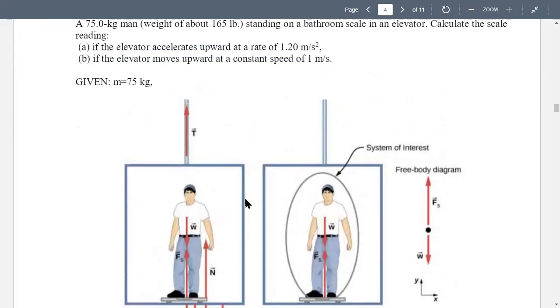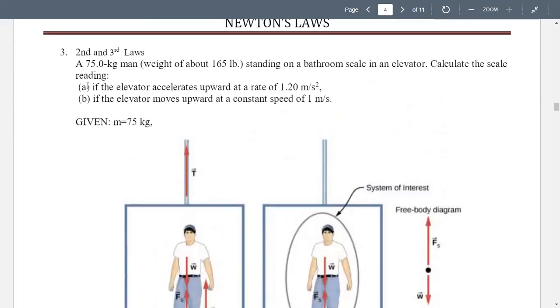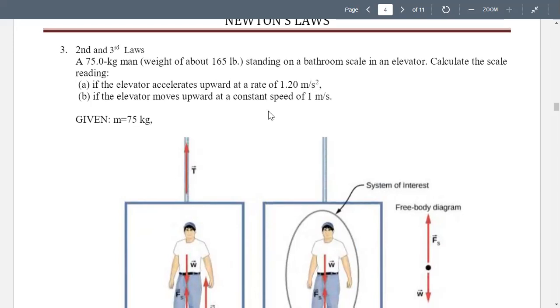How are we going to solve letter A? Calculate the scale reading if the acceleration rate is 1.20 meters per second squared and the movement of the elevator is upwards.